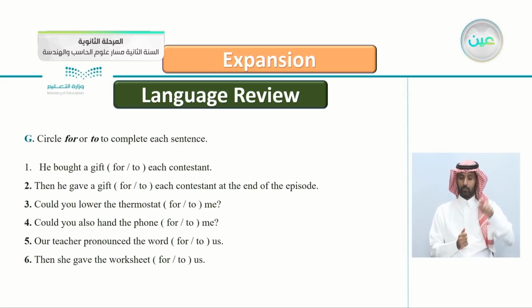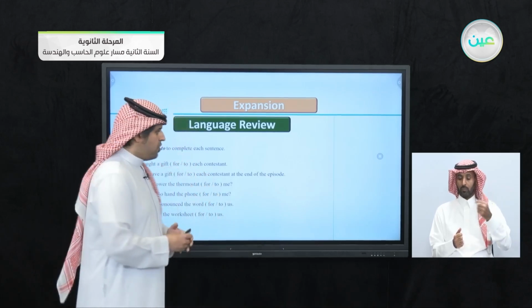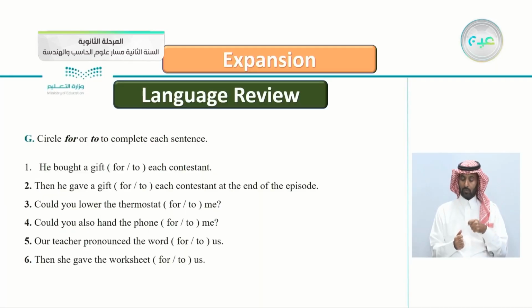So a gift here is the direct and each contestant is the indirect. Do we use for or to? Are they receiving or benefiting? So number 1 is for: he bought a gift for each contestant. They are benefiting from him for the gift.